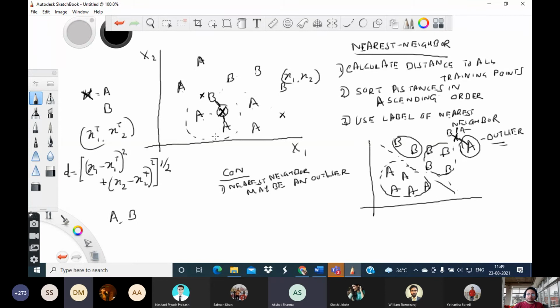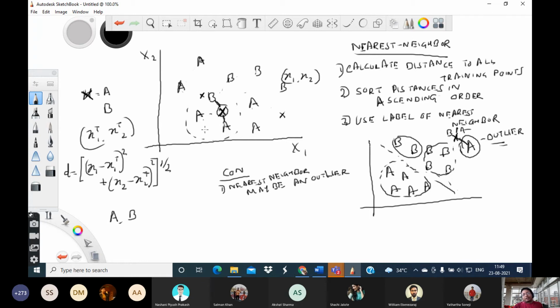We have to take an odd number of nearest neighbors so that we can see the probability. Possible, but in this case it makes sense to say that we take an odd number.